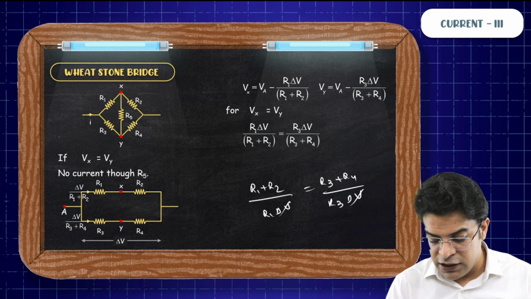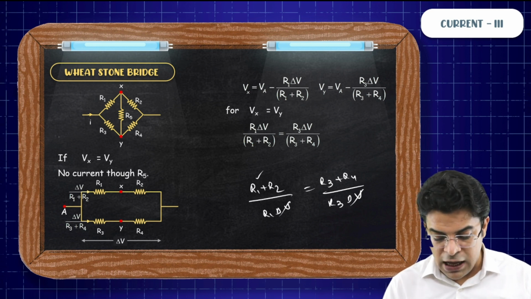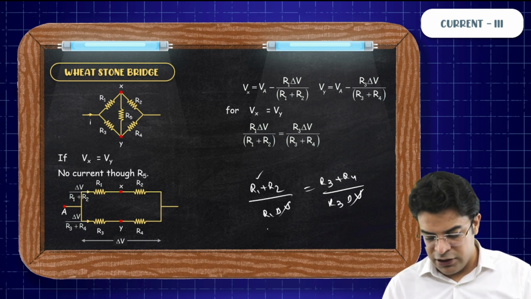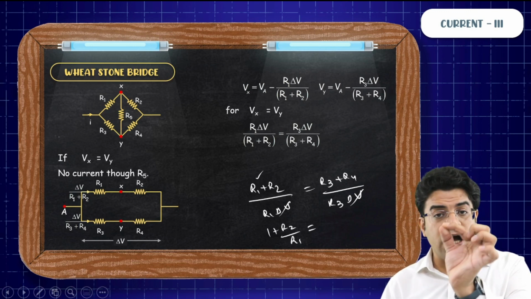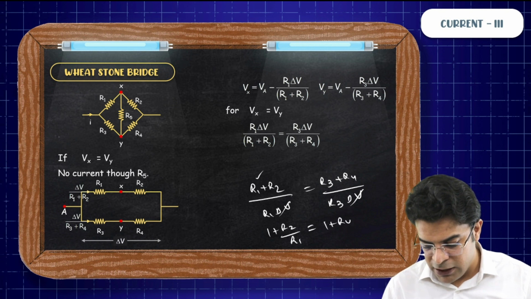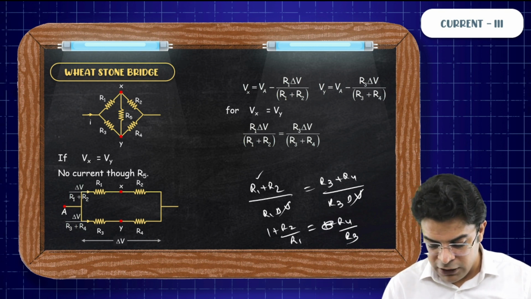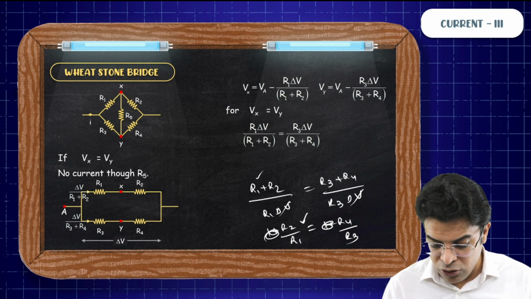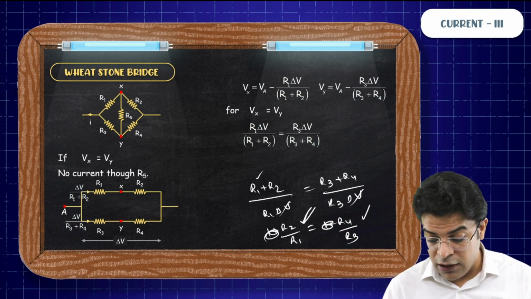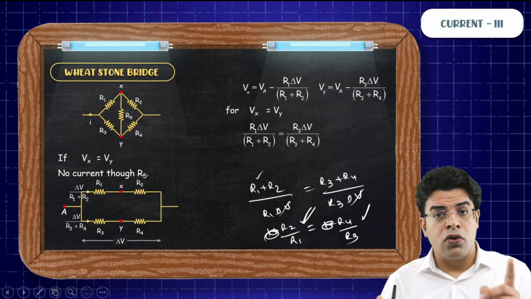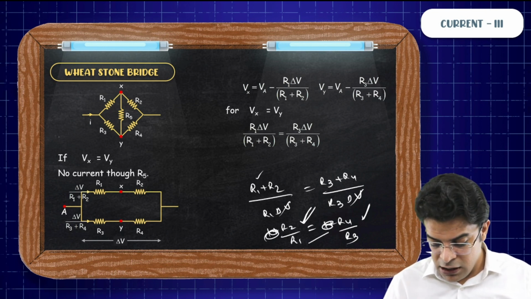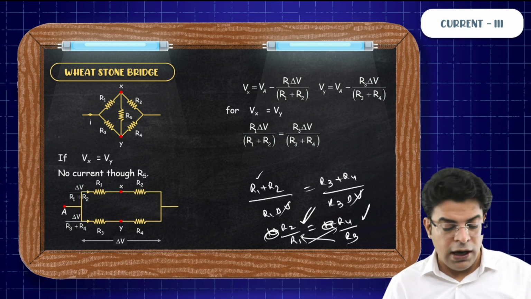Now cancel out delta V. Now you have R1 plus R2 by R1, that can be written as 1 plus R2 by R1. And on the right hand side you have R3 plus R4 by R3, that is 1 plus R4 by R3. So cancelling out 1 on both sides, what you get is R2 by R1 equals R4 by R3, or cross multiply, you will get R1 R4 equals R2 R3.